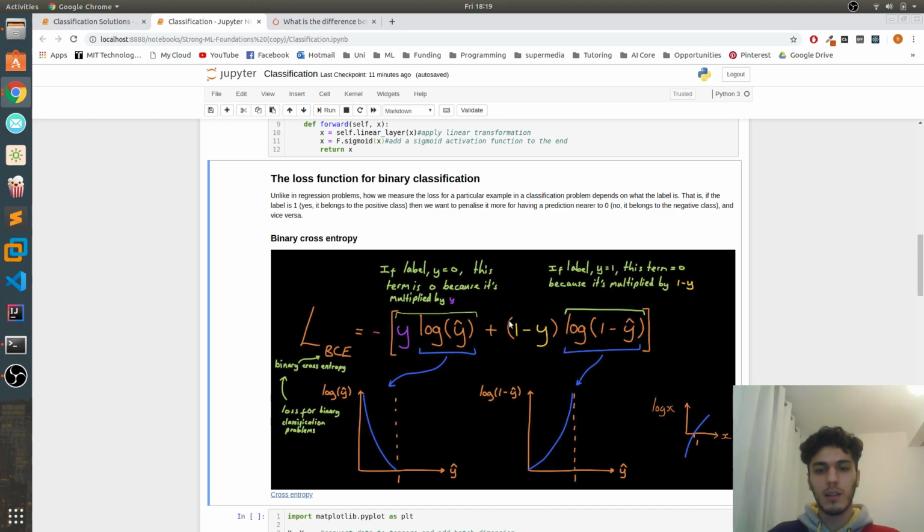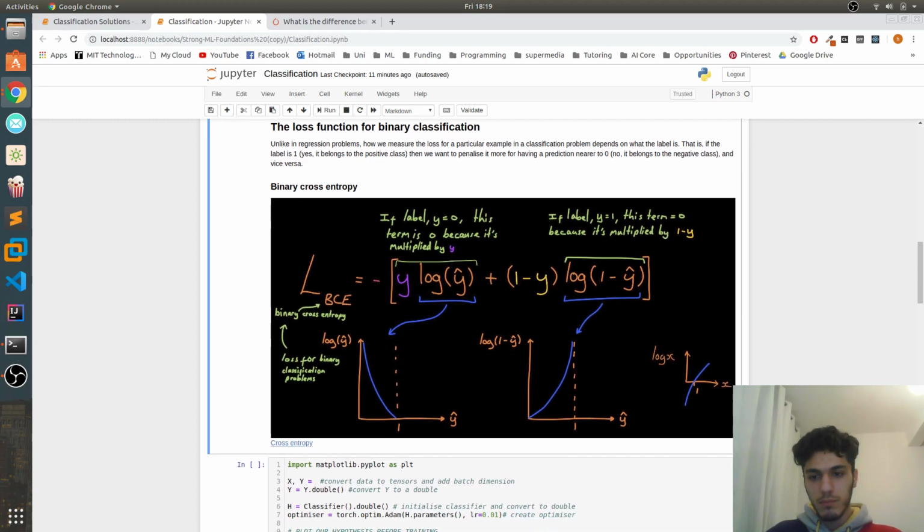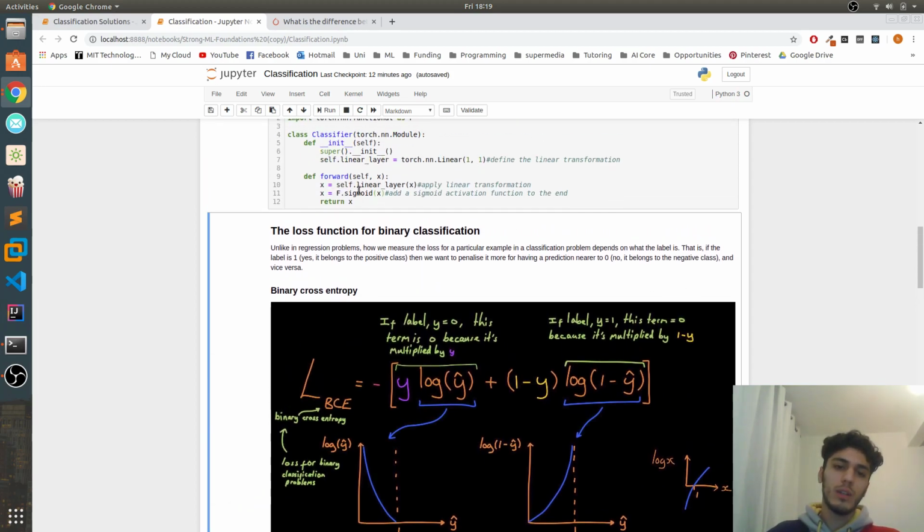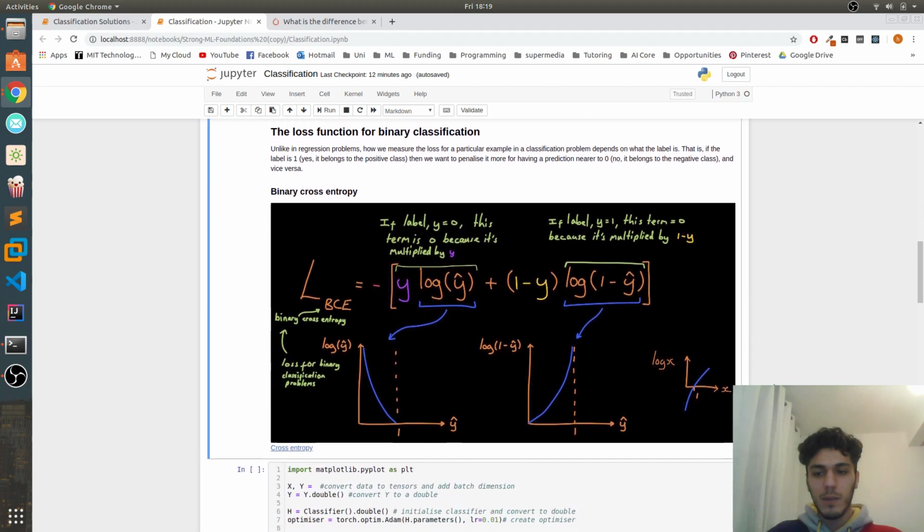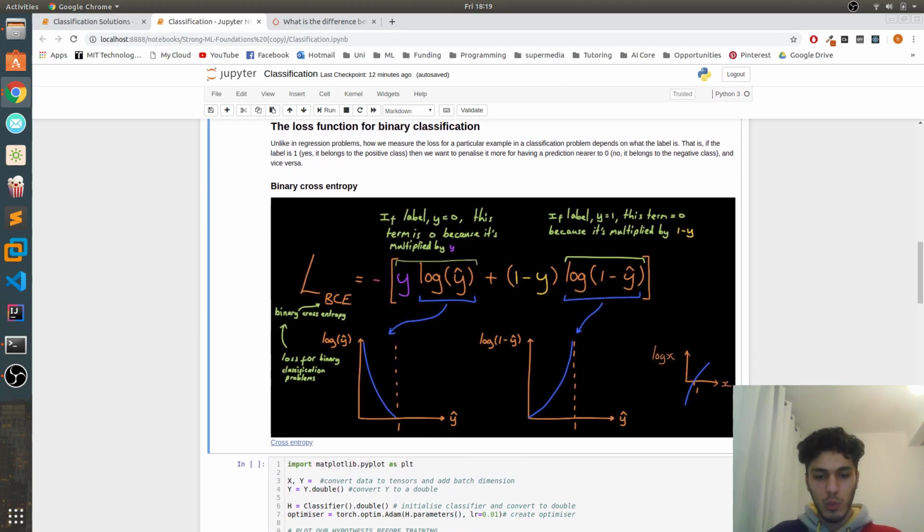The only thing you need to be comfortable with is the fact that depending on the label, our cost function changes because we're either activating the left side or the right side of this equation. And when we implement this, just like before with F.sigmoid, we don't have to write out this whole equation. PyTorch has a built-in binary cross entropy cost function, which we can just use.